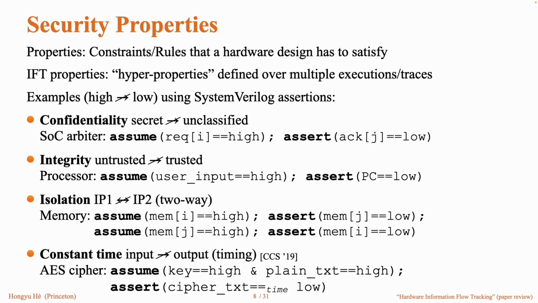proxy for timing. Whenever you see something like this, the way to think about it is: what's your proxy signal for timing that will tell you when your computation is done? There'll be some kind of a done or valid or commit signal coming out of that module. That's basically what this ciphertext equal to sub time is doing.